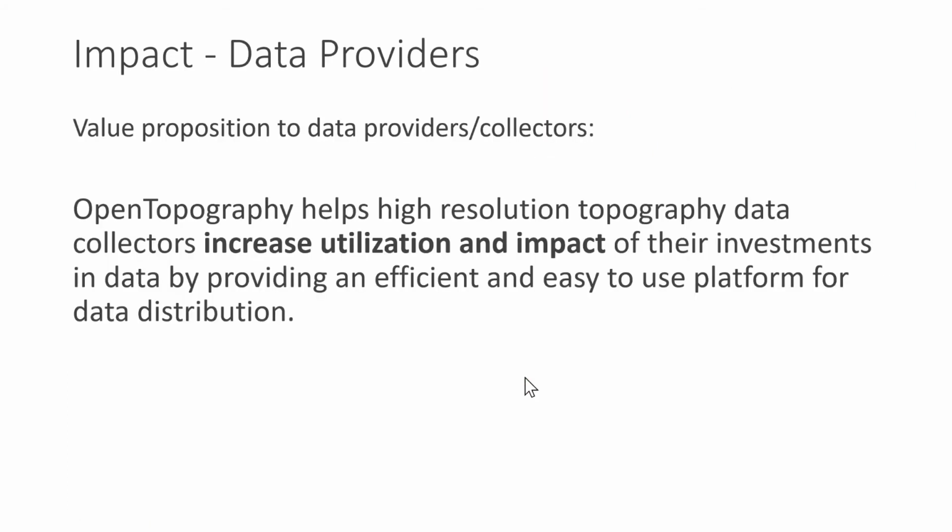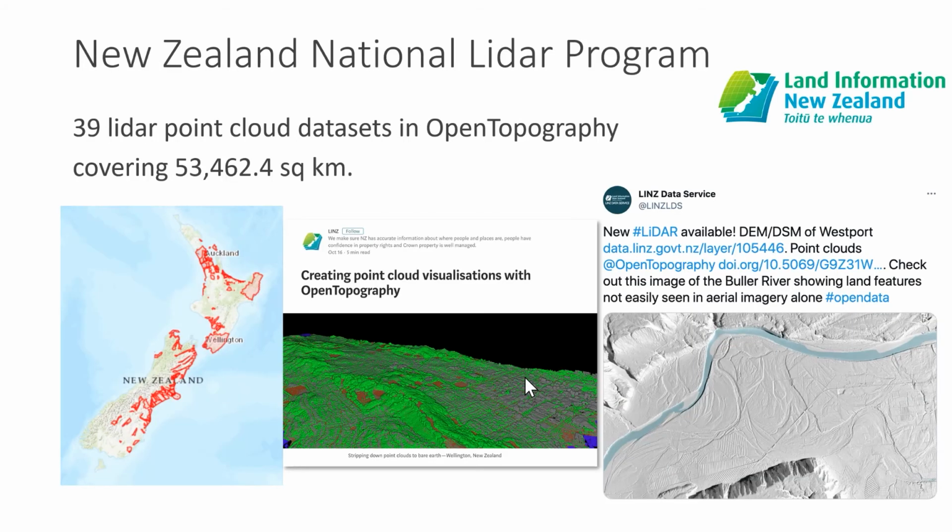The other thing that we see as a big impact is data providers. We see our effort as a value proposition to data providers where we help make their data more usable and have higher impact. One example is the New Zealand National LiDAR program from Land Information New Zealand.